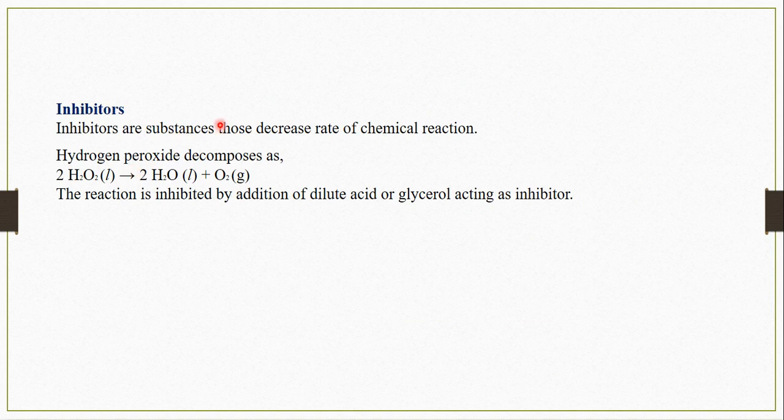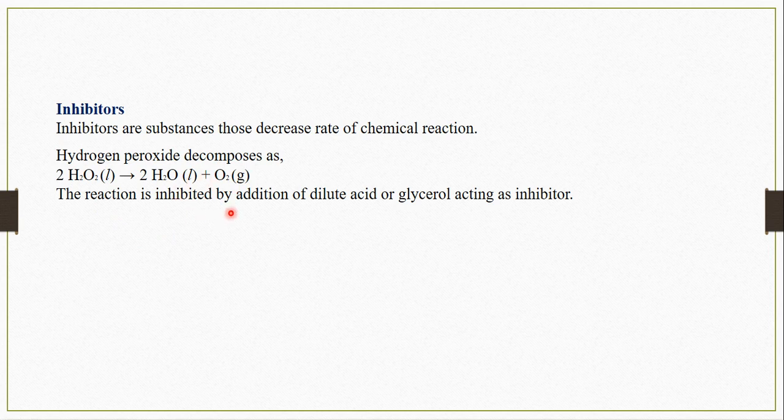Now the next topic is the inhibitor. What is an inhibitor? The name itself indicates it: an inhibitor is something which inhibits or prevents. Inhibitors are substances that decrease the rate of chemical reaction. You can see hydrogen peroxide gets decomposed into water in liquid form plus oxygen gas.